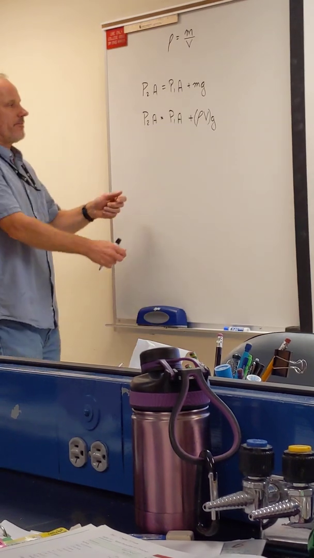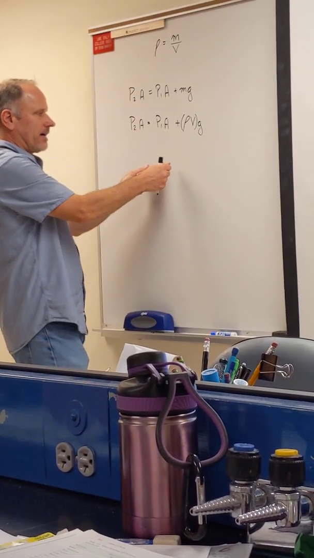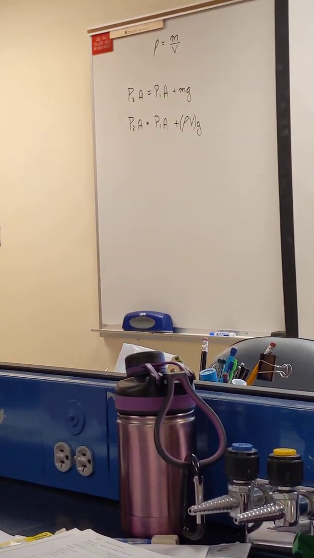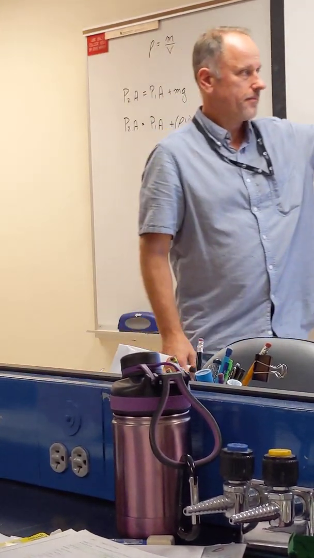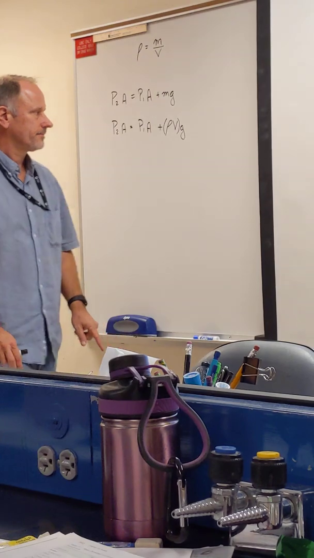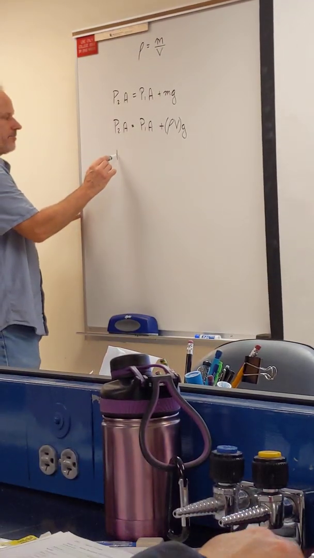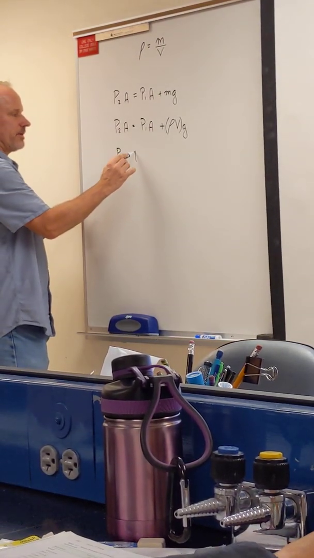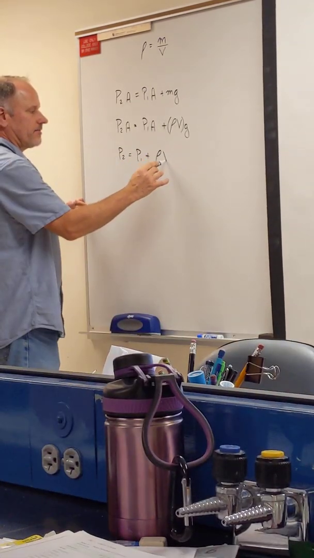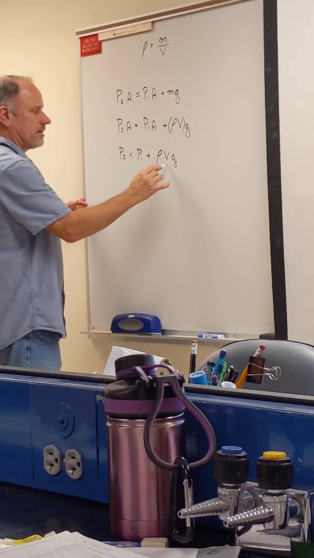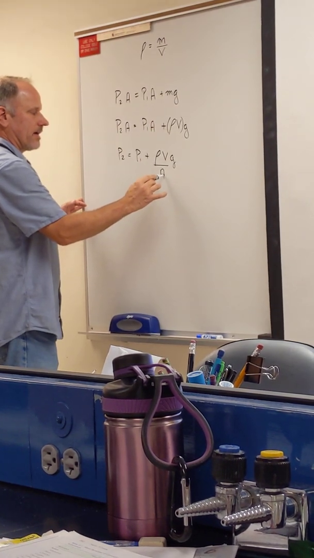All right, now if I divide by area on both sides, area of top and bottom here, I get P2 equals P1 plus rho V G over A.